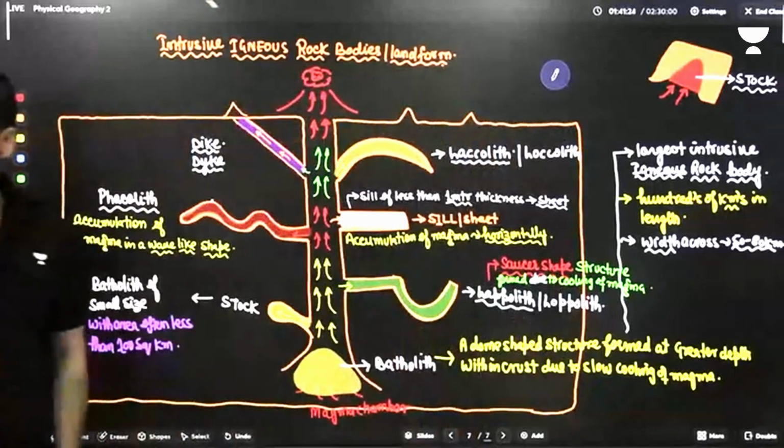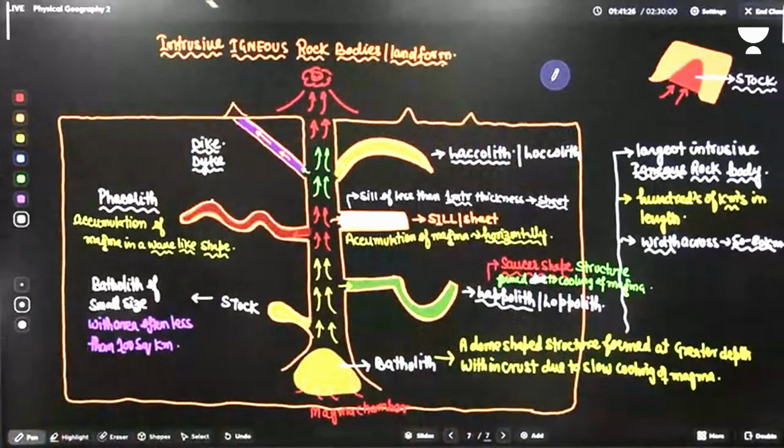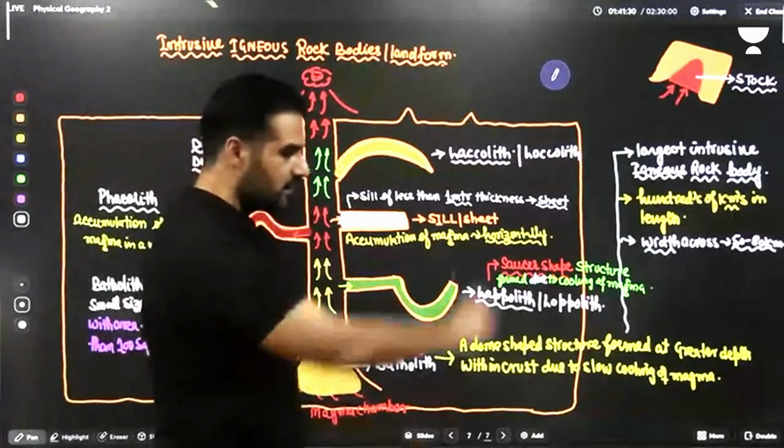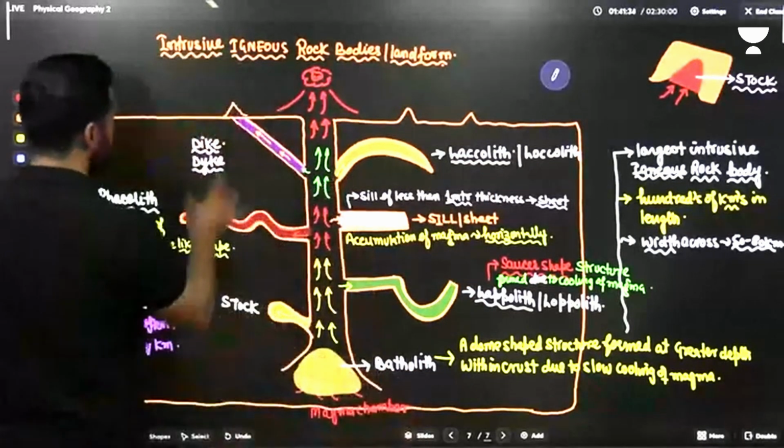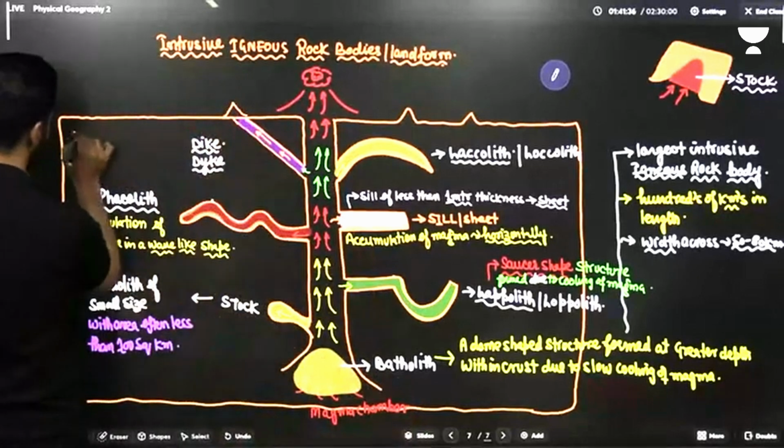Hope it is clear. So what is the keyword you will remember here? Saucer shape. How will it look like? A flat area and then a depression in a bend. Is it clear? Then you have this dike.